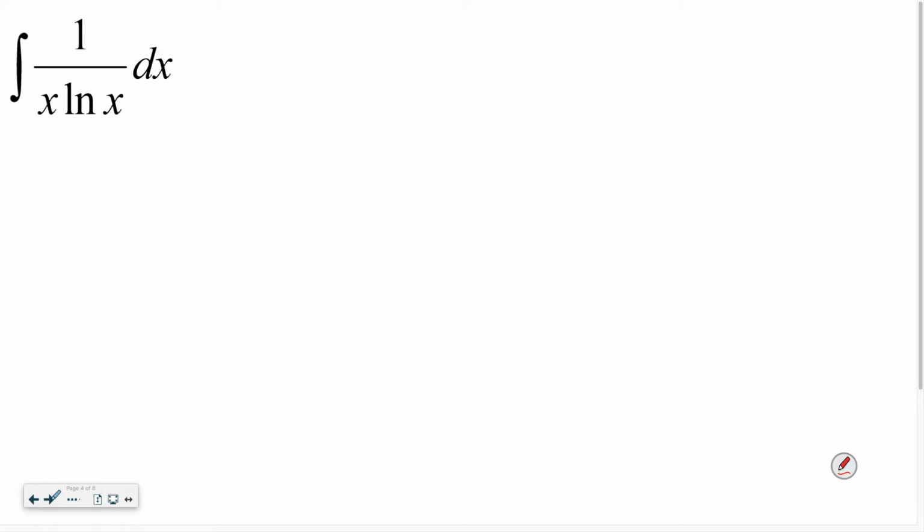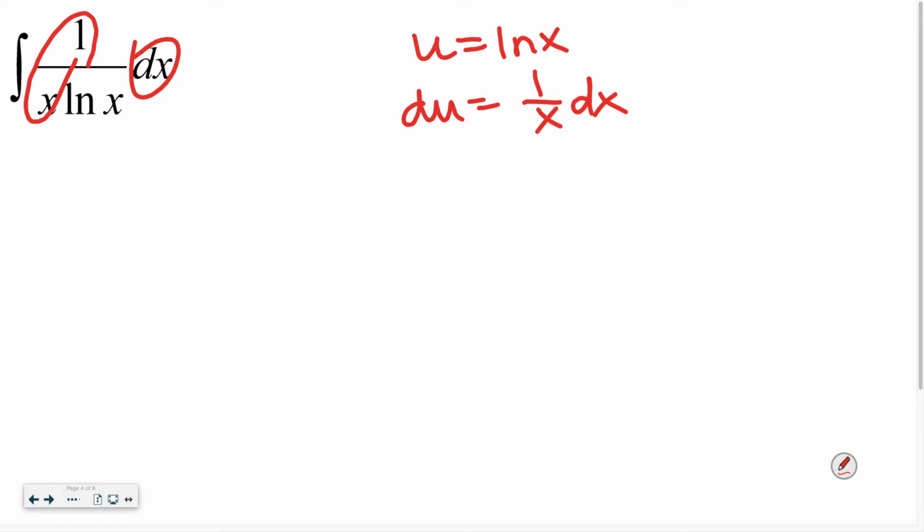So what can happen if u is the natural log of x, du is 1 over x dx, which technically we have 1 over x dx. If you don't see that relationship, there's nowhere else to go. Okay? So thinking about those relationships and how u substitution works is sometimes important in finding those patterns for us to be able to do it.